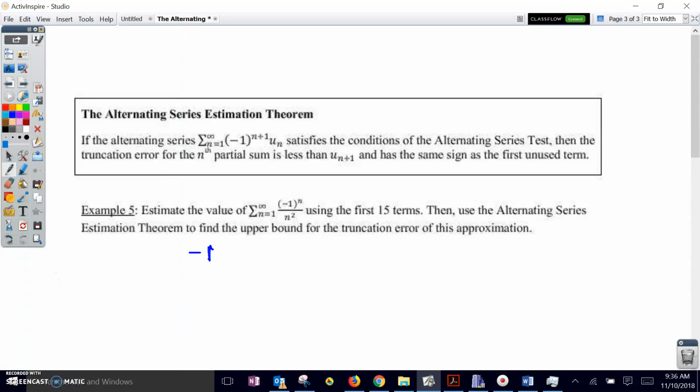We've got negative 1 plus 1/4 minus 1/9 plus 1/16 minus 1/25.